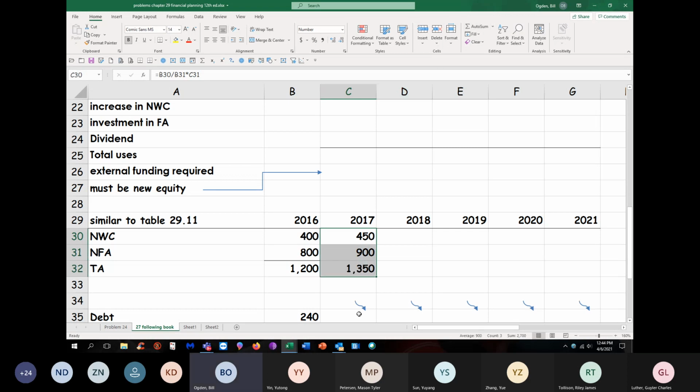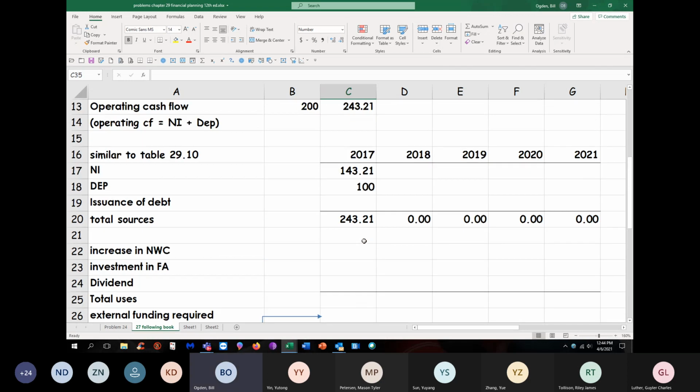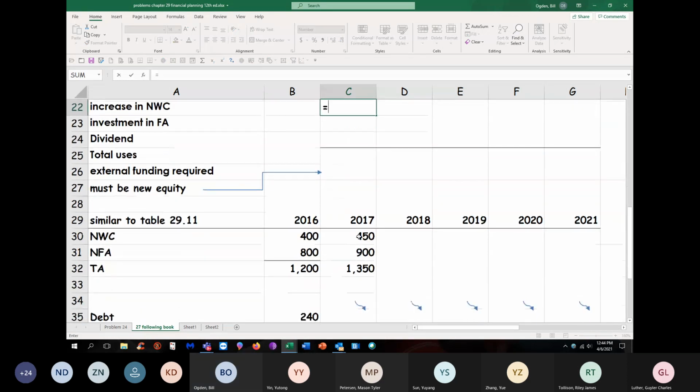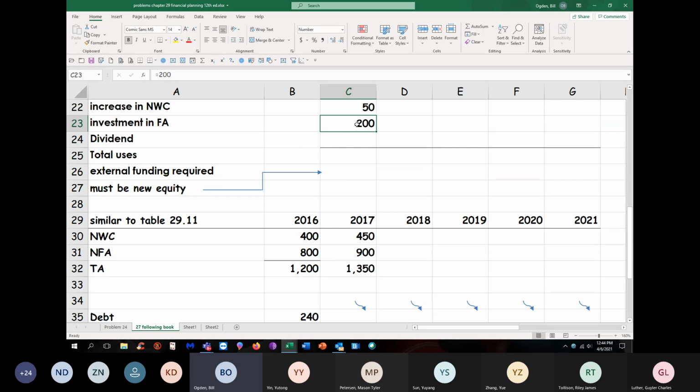Now I have a basis for calculating my debt ceiling, but let's see if we need it. So we are increasing our working capital by 50. We have an investment, and this is a given. You see, I could completely change this problem by giving a, say, decreasing schedule of investments. I could do any number of things to make this much more interesting.